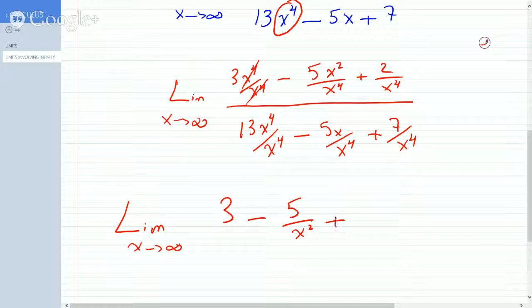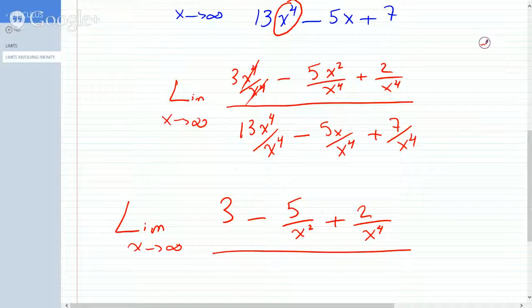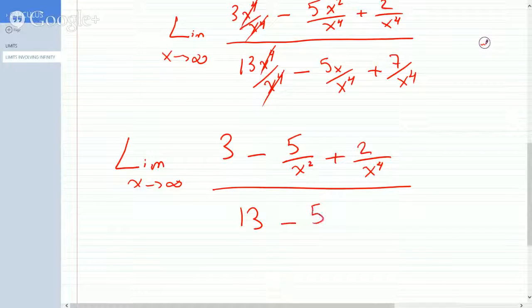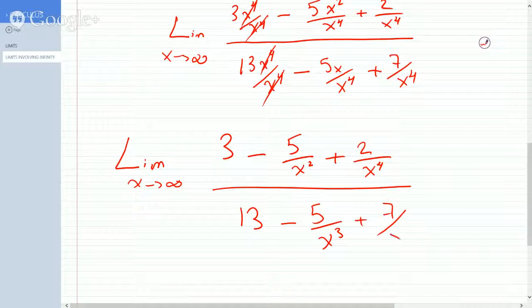The third is 2 over x to the 4. In the denominator, x to the 4 and x to the 4 cancel, so you get 13 minus 5 over x cubed plus 7 over x to the 4.